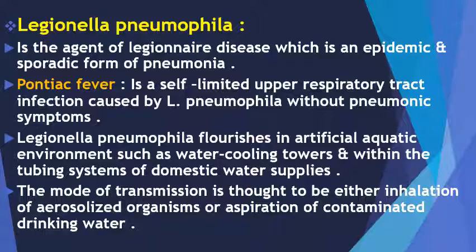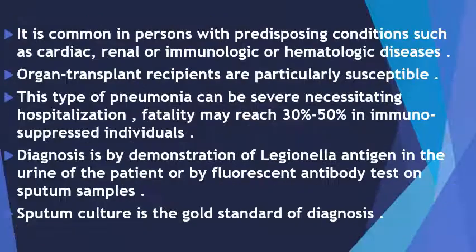The mode of transmission is thought to be either inhalation of aerosolized organisms or aspiration of contaminated drinking water. It's common in persons with predisposing conditions such as cardiac, renal, immunological, or hematologic disease, and also in organ transplant recipients. This type of pneumonia can be very severe and require hospitalization.